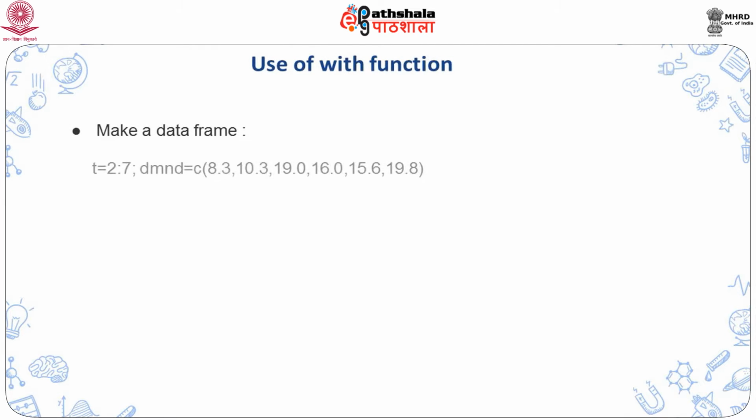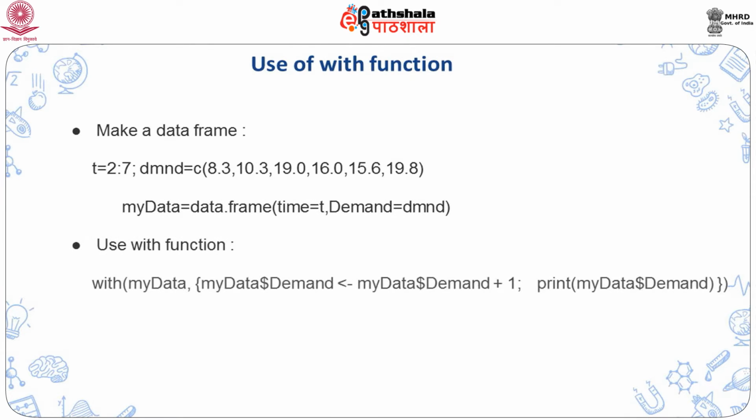Here our t is 2 to 7 and we have these many values within the demand vector, and then we create a data frame with time equal to t and demand equal to the variable within which we have put all six demand values, that is dmd.